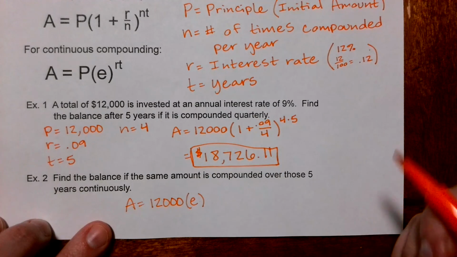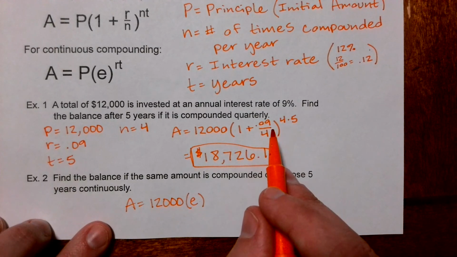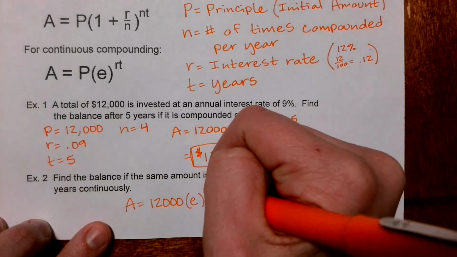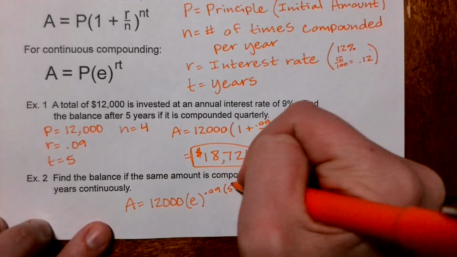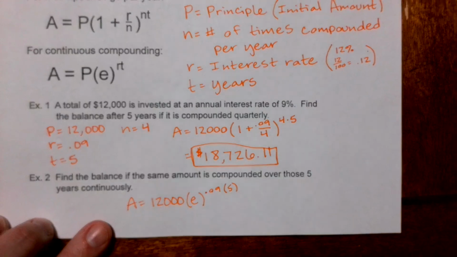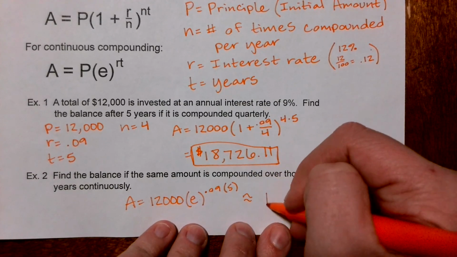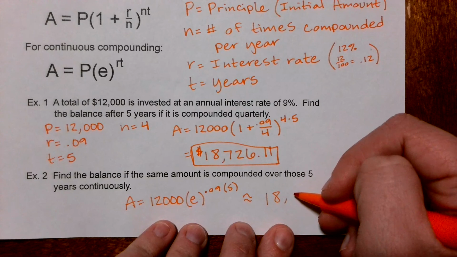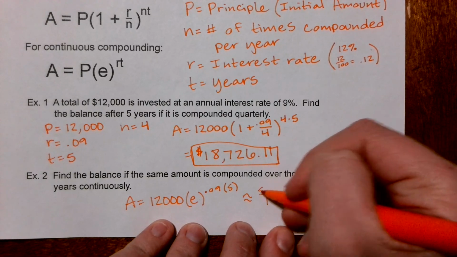It's a number, we are raising it to your rate this time, so 0.09 times the amount of time that has passed, your 5 years. And whenever we put that in the calculator, you should have 18,819.75.